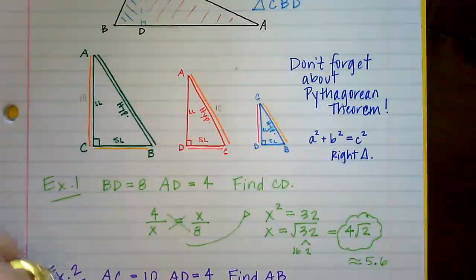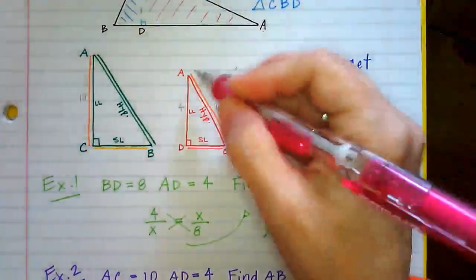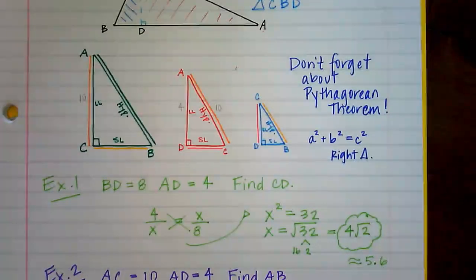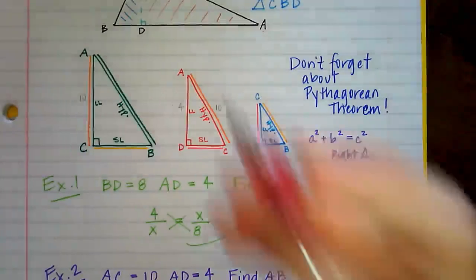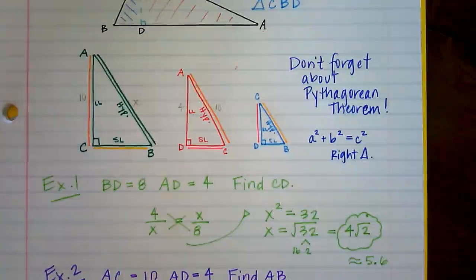All right, I know that AD is 4, which is that one, and by my color coding, I know it's not related to anything else. And then I'm looking for AB, which is that one right there, which I know since that's Papa Bear's big leg, it's not related to anybody else.